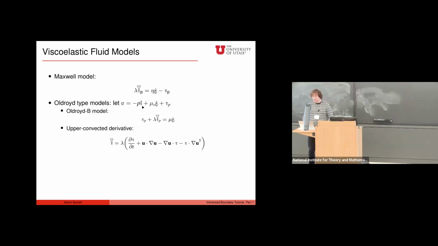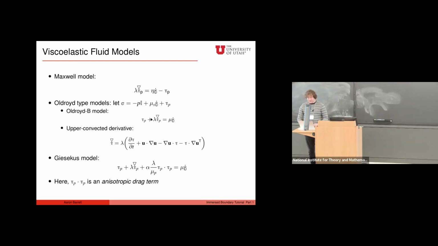In the Oldroyd-B model, our total stress has a contribution from a viscous solvent plus a viscoelastic component coming from a Maxwell type model. And then of course you can get more complicated if you want to, but I don't want to, for now at least. Something like the Giesekus model has an anisotropic drag term representing drag that polymers might experience under flow.